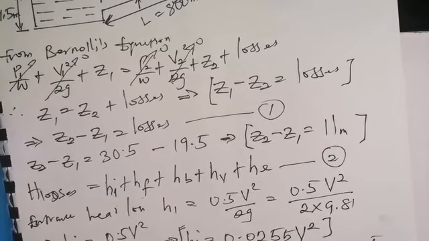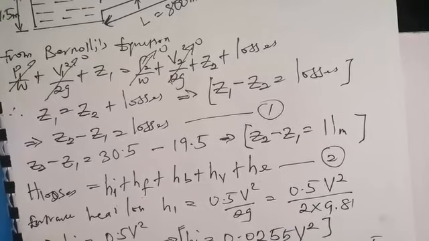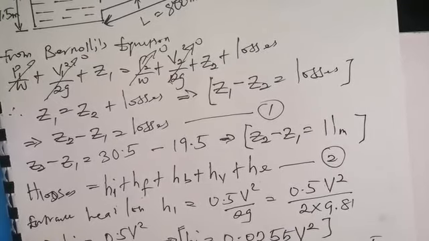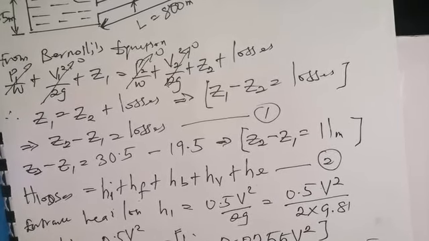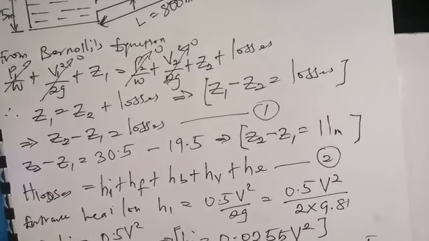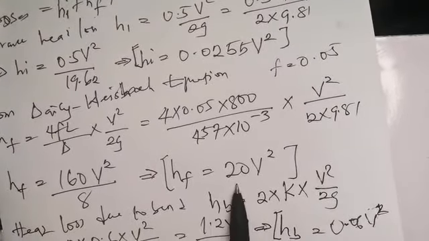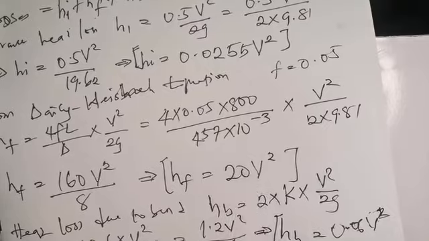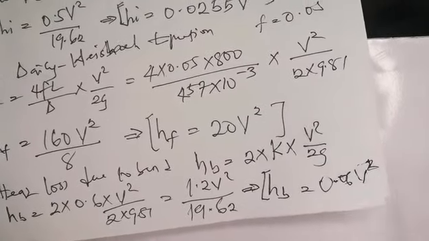We obtained the inlet head loss as 0.0255 V squared, the head loss due to friction as 20 V squared, and the head loss due to bend as 0.06 V squared.